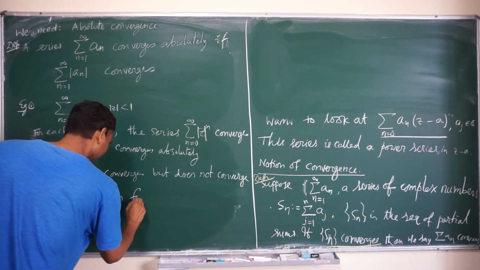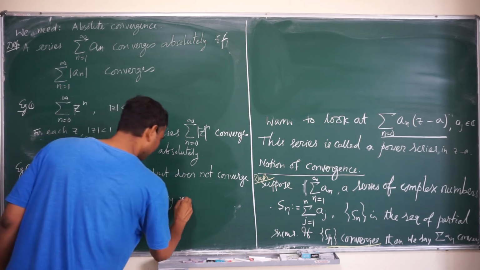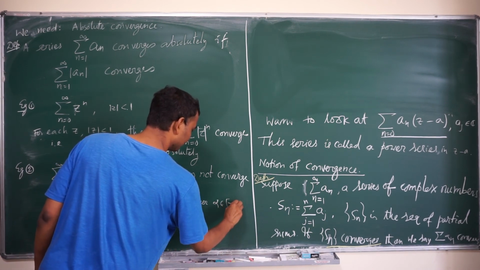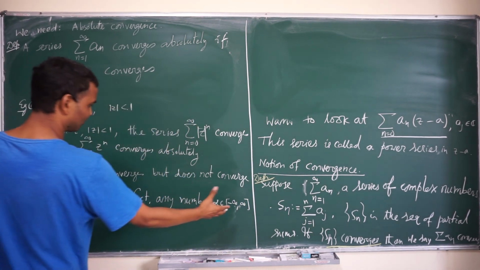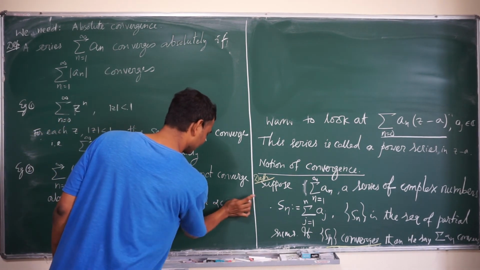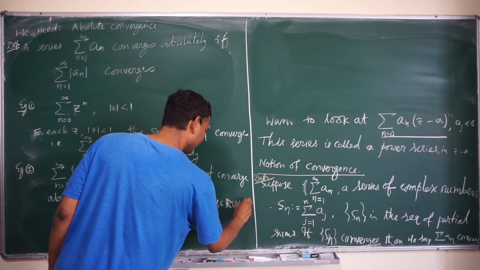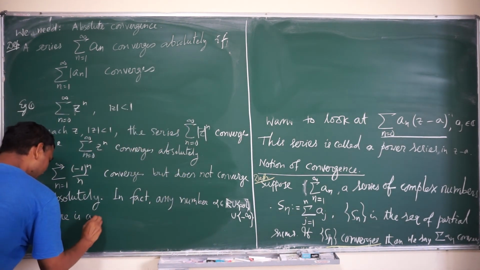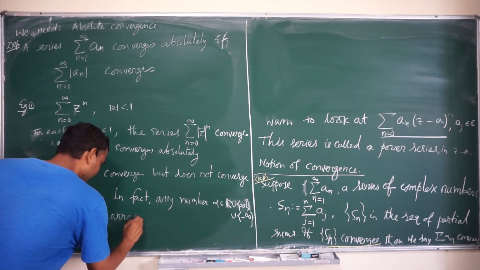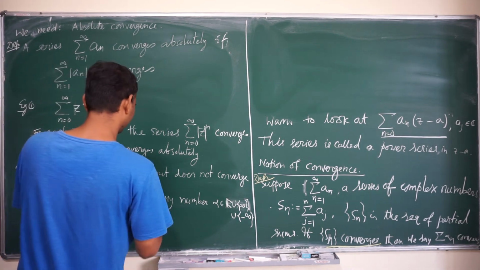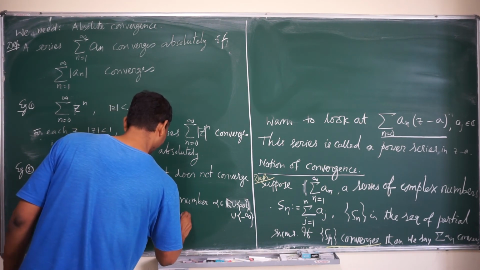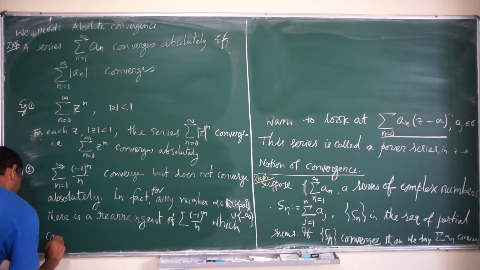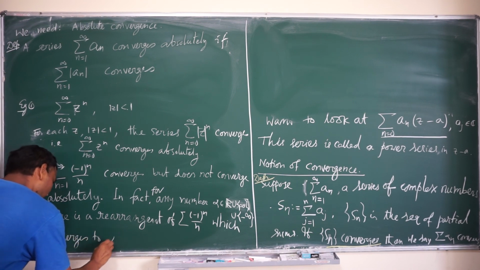In fact, for any alpha belonging to the closed interval minus infinity to plus infinity, which I should write in a better way, R union infinity union minus infinity, there is a rearrangement of this series which converges to alpha.